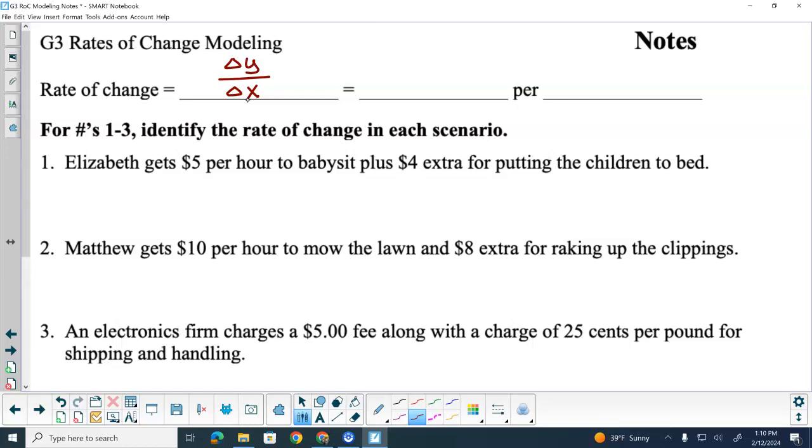So another way of saying delta y over delta x, this time we're going to use per, would be the change in y per the change in x. Delta y over delta x, y divided by delta x, change in y per change in x.